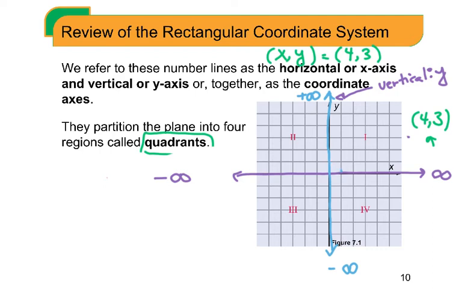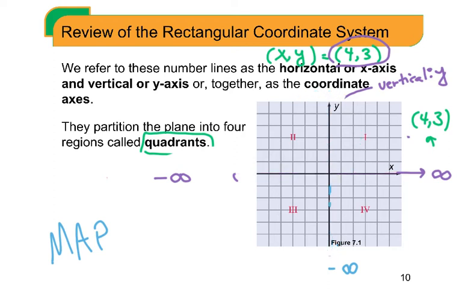So this gives us basically a map. Every point on this graph can be described by its X position and its Y position. Every point on this graph has directions to it in the form of an ordered pair. And so we like to talk about quadrants.